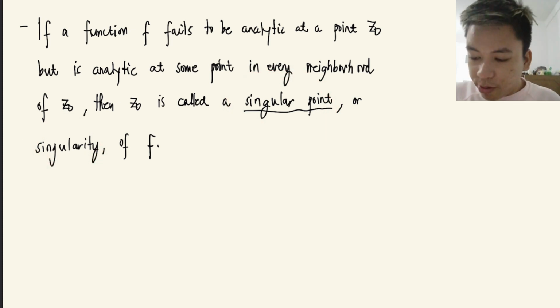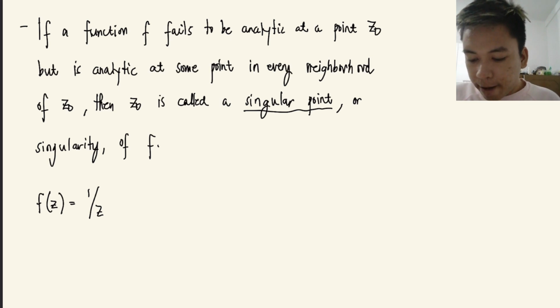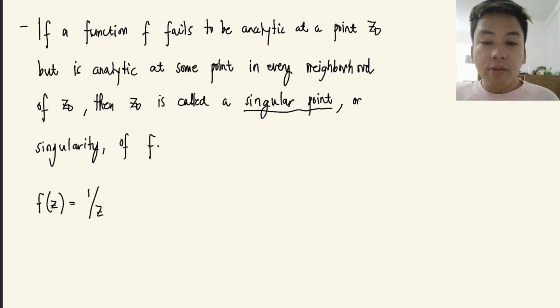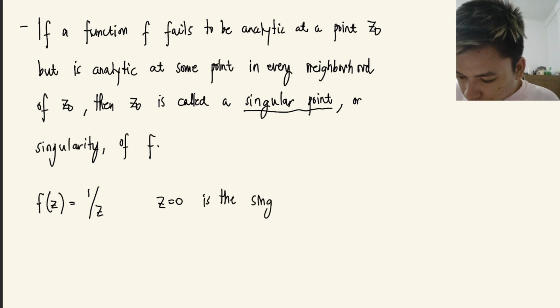Let's consider, for example, our f of z equals 1 over z. Remember that this f of z is analytic at every non-zero point, meaning it fails to be analytic when z is 0. Therefore, z equals 0 is the singular point.